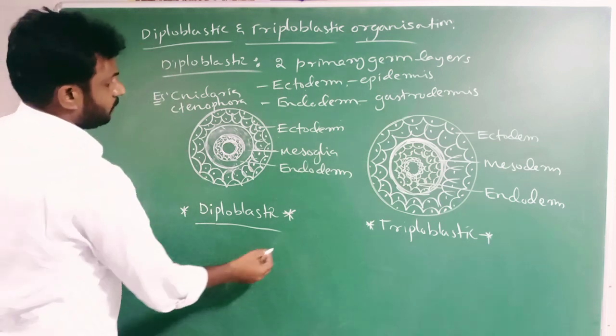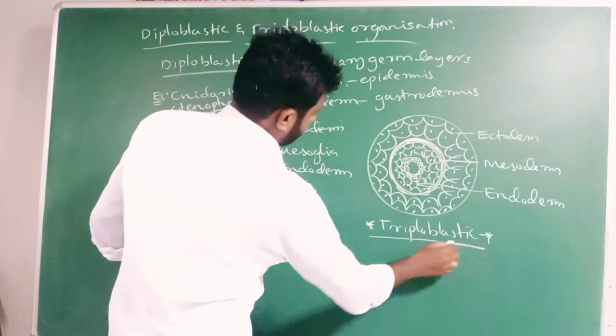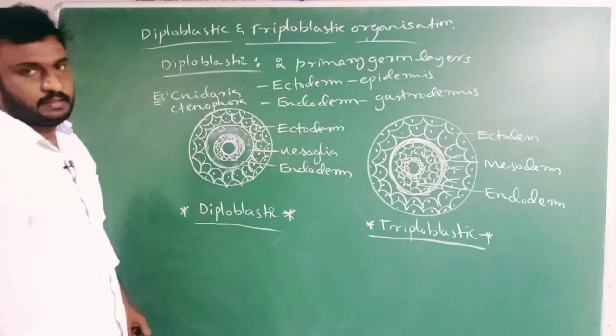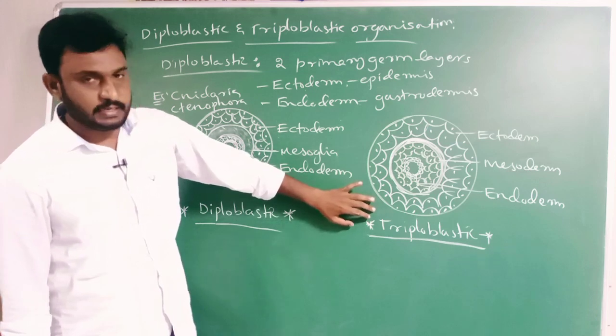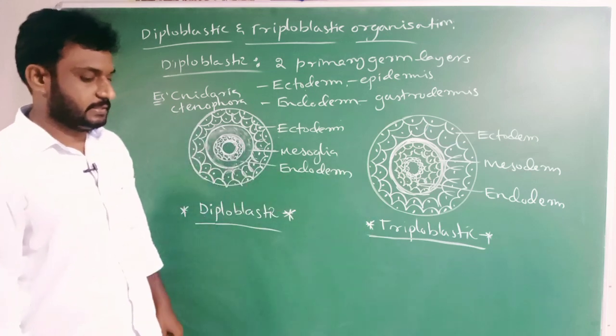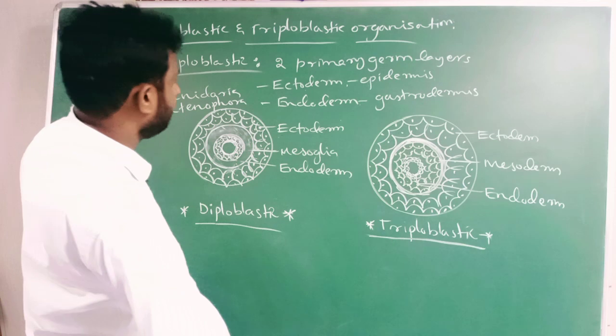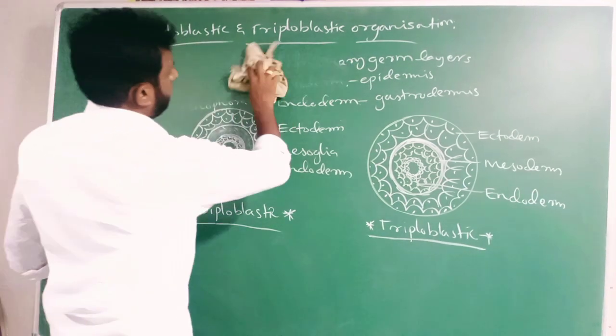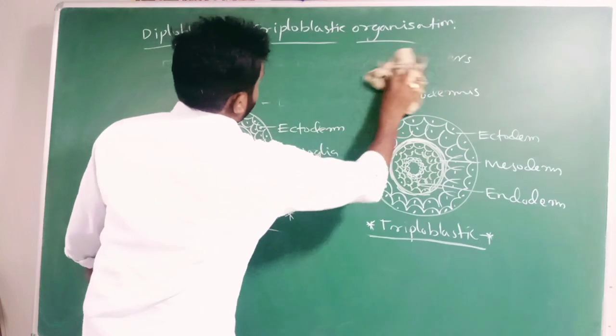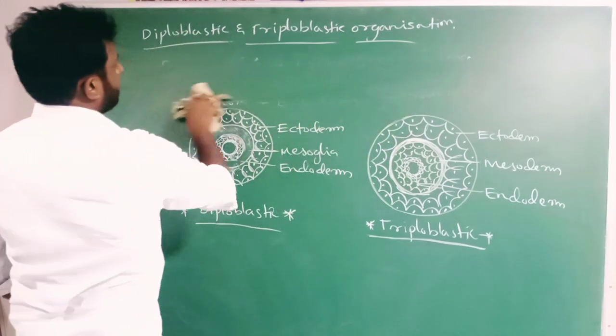Next one, triploblastic organization. In triploblastic organization, the animals have three primary germ layers. One extra layer is formed in these organisms.